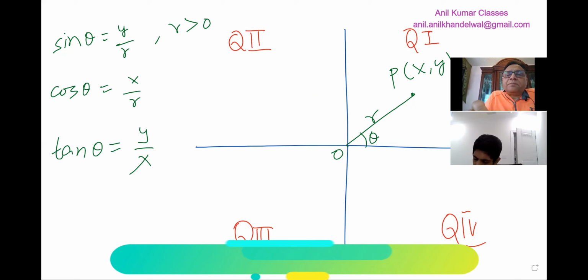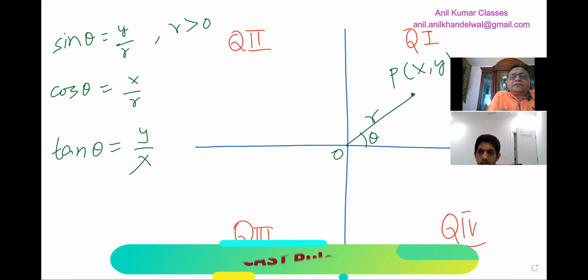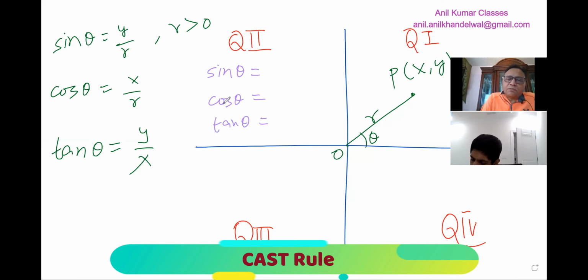So now you tell me which value is positive. Let us say we find the value of sine theta. Is it positive or negative? Cos theta, positive or negative? Tan theta, positive or negative in quadrant 2? Tell me. Okay.